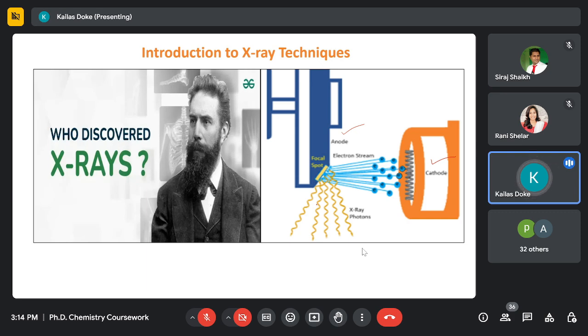That's why the electron travels from the negative electrode to the positive electrode, since an electron is a negatively charged particle. When high energy electrons bombard the target anode, some process takes place, and because of that process a photon is emitted, light is emitted, and that light photon Röntgen called an X-ray photon or X-ray radiation. Now the question arises: how is X radiation generated on the surface of the anode?